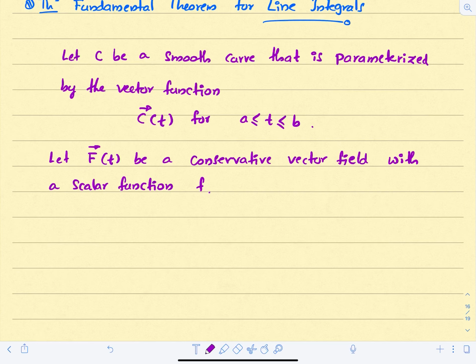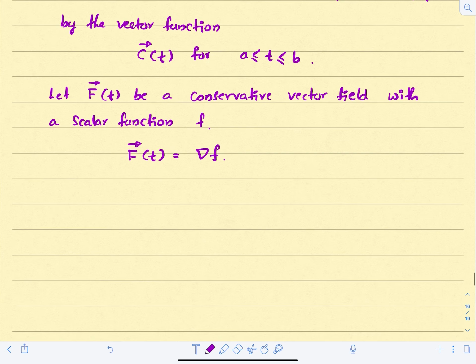So in other words, the value of this vector field F equals the gradient of little f. That is, our vector field F equals the gradient of little f.